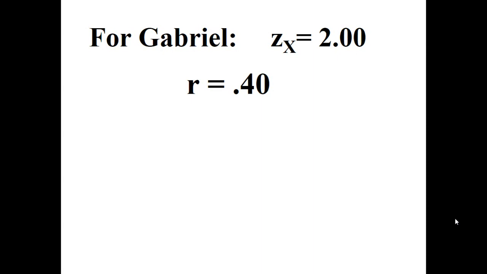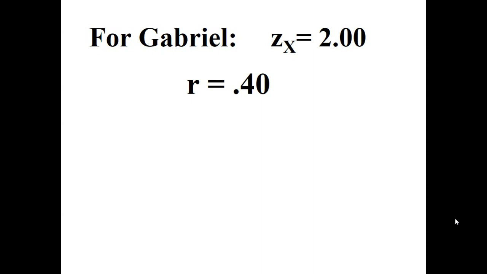If you don't have it and you're just working on it, hit pause on the video and then come on back. So the answer is that Gabriel's predicted score on the final, z of y, is 0.80.